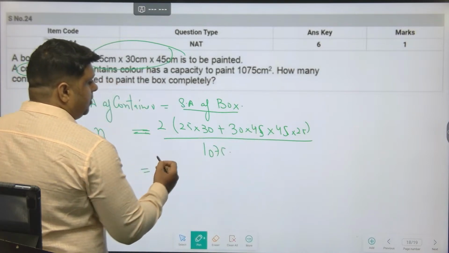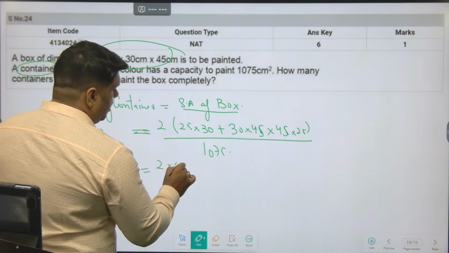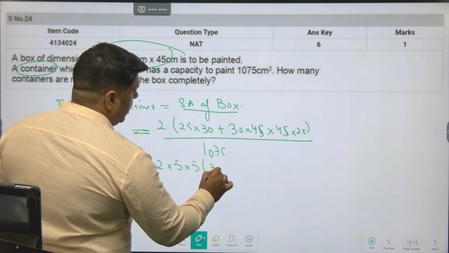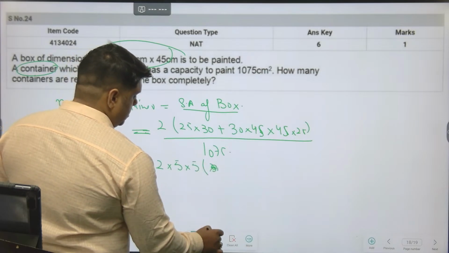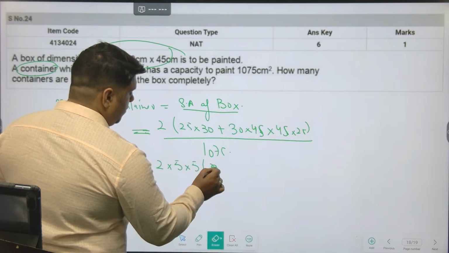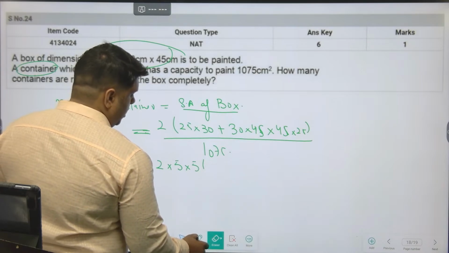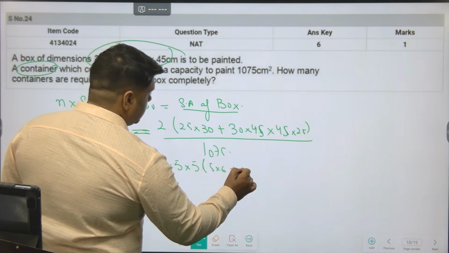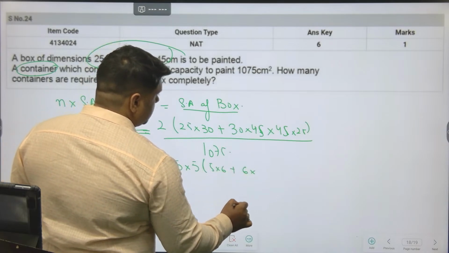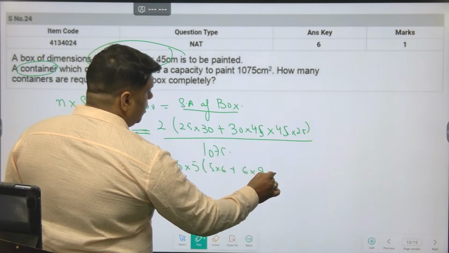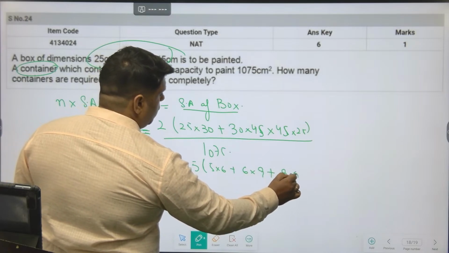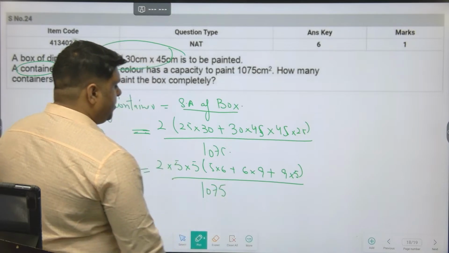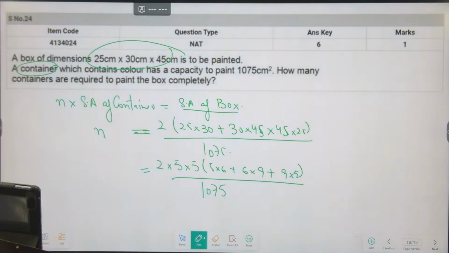So I can bring factors out. I can bring 25 out, which is 5 into 5. So inside I am left with 5 into 6 plus 6 into 9 plus 9 into 5, over 1075. Now I can cancel it with 5s.